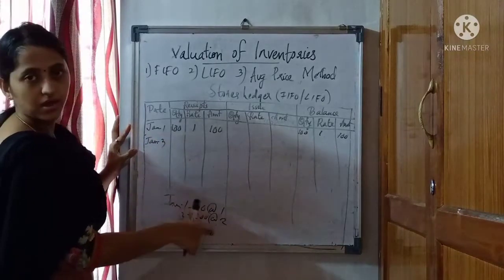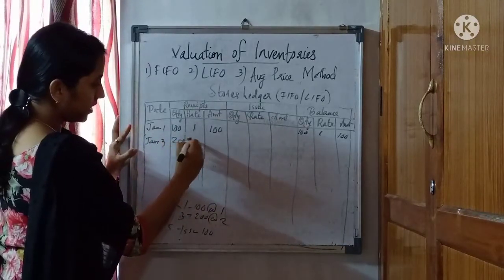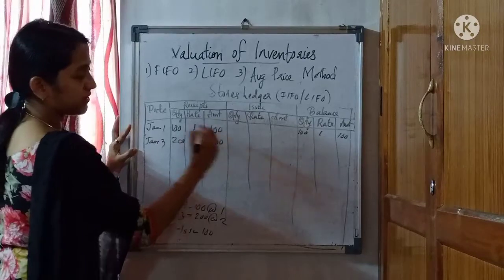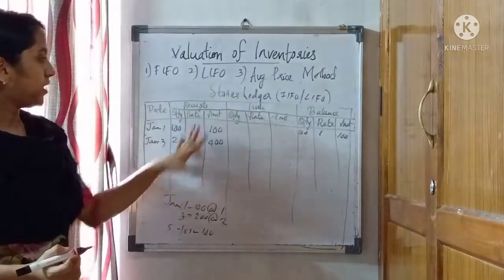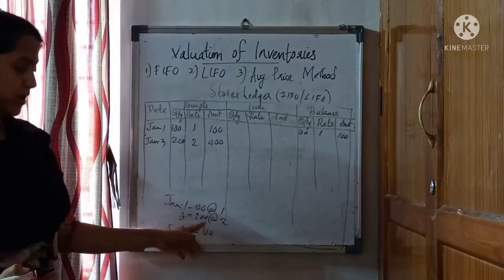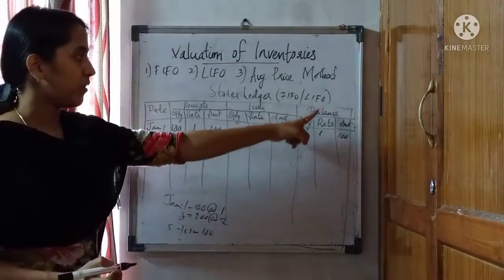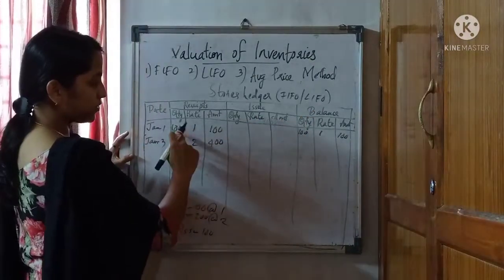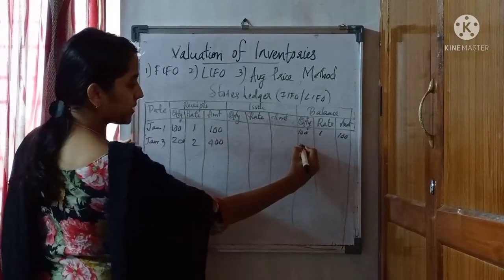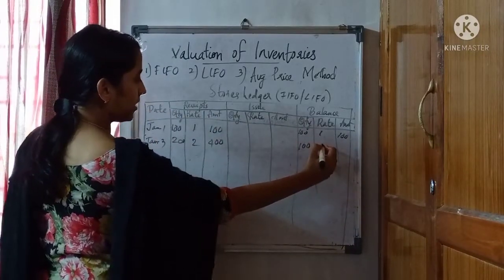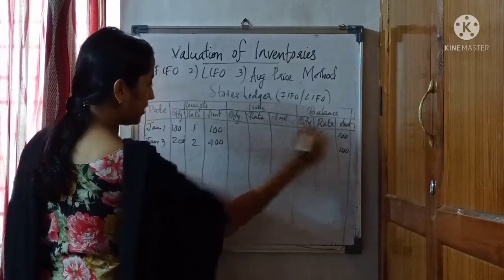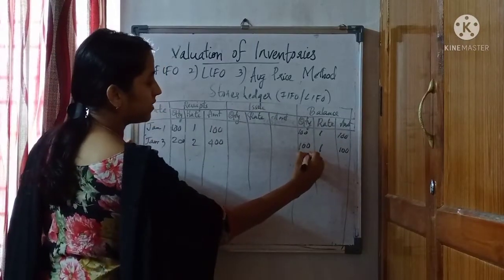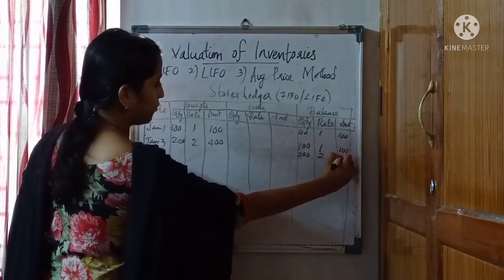Then again, receipt 200 at the rate of 2, so 400. Then any issues on January 3? No issues. So we have to again write the balance column. Now there are two balances, so we have to write separately 100 at the rate of 1, 100, and 200 at the rate of 2, 400.